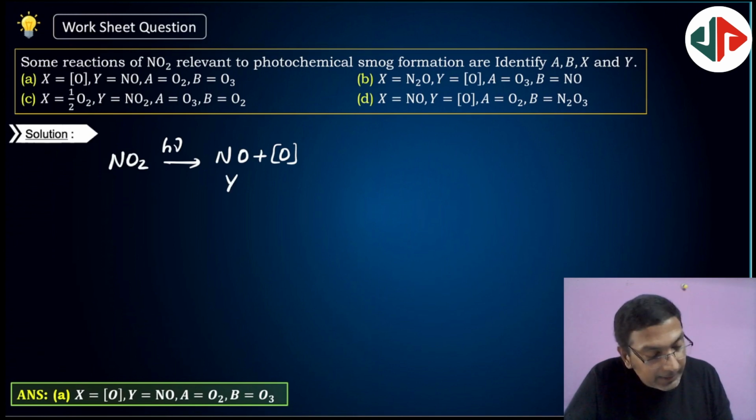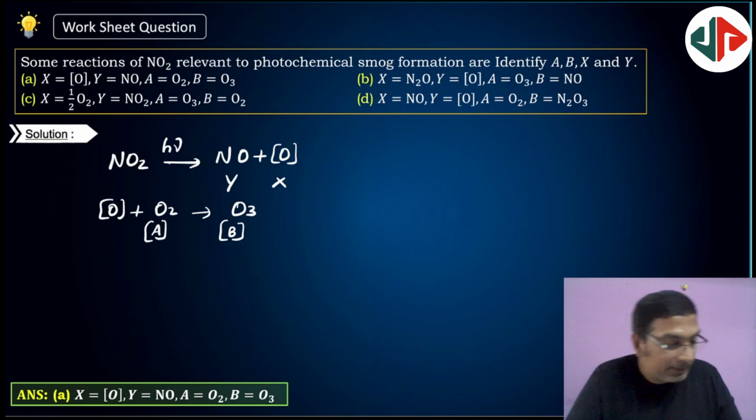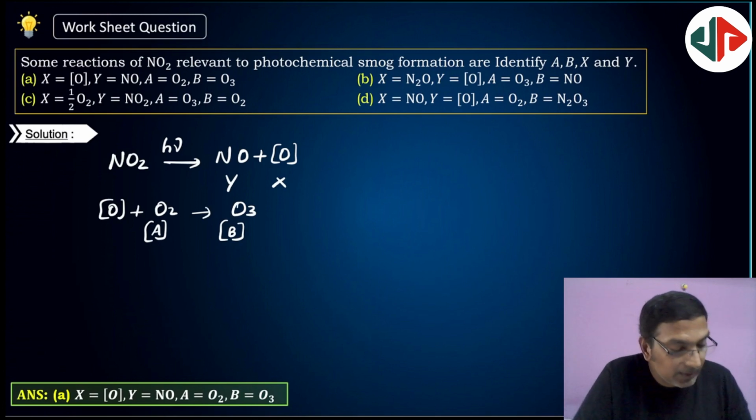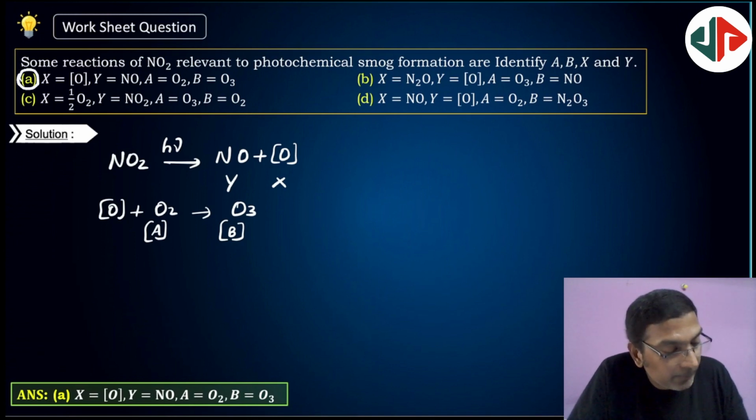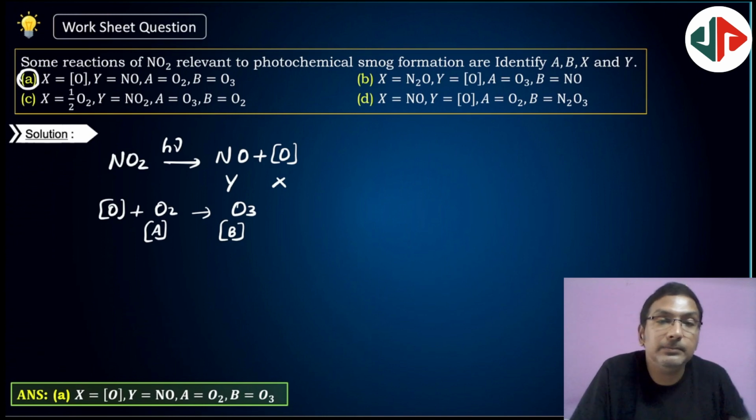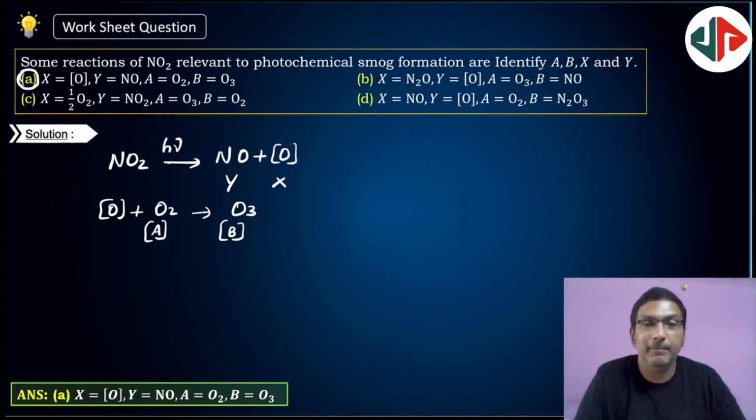This is Y and X. Next, this O combines with O2, that is A, gives O3, which is B. Now check the option. X is O, Y is NO, A is O2 and B is O3. Option A. NO2 dissociates to NO and O, that O combines with O2 to form O3.